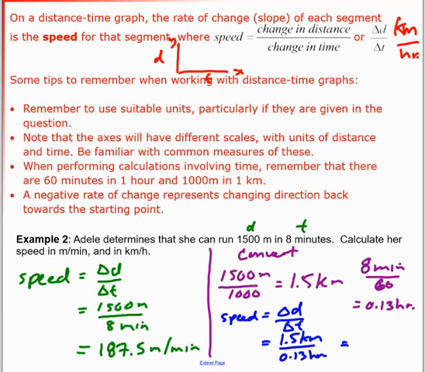So we get a rate of 11.25 kilometers per hour. There we go. So pretty tough to convert that to that, I find. So there we are. I'd rather do them separately. Okay, let's move on to the next one here.